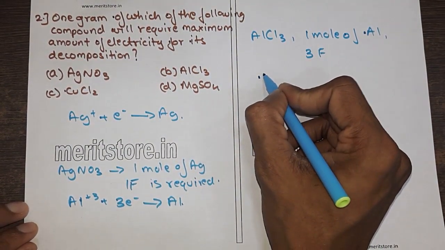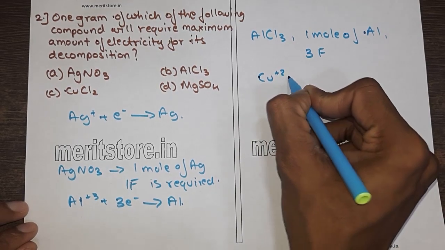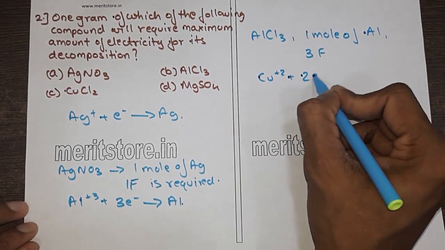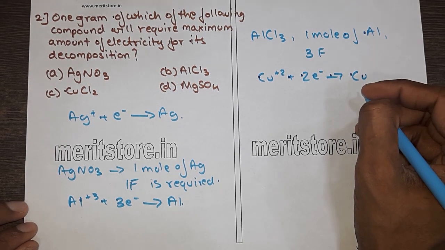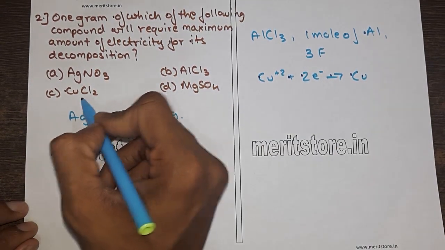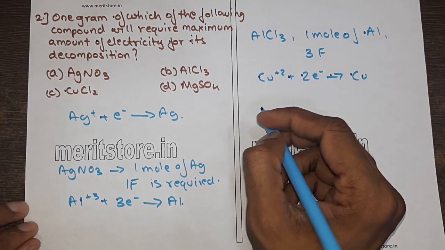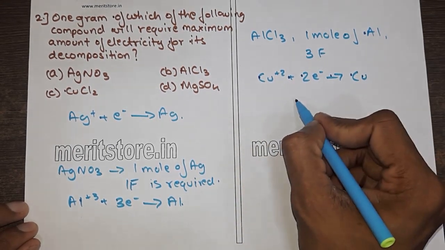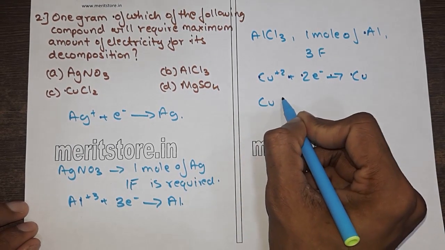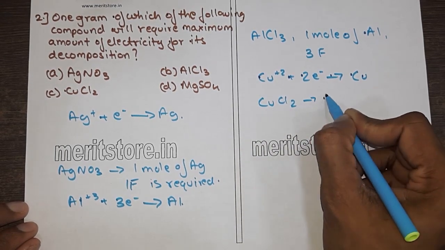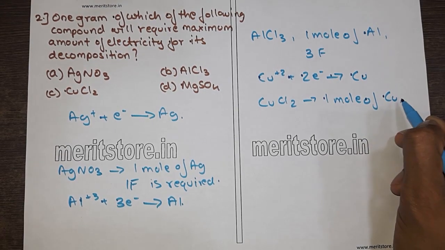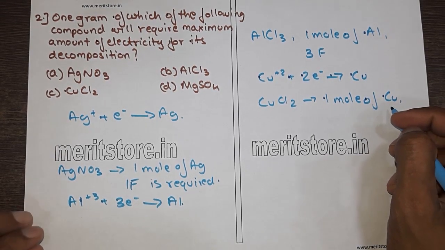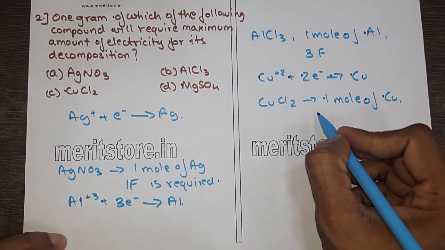Now for copper, we have Cu2+ plus 2e-. When we add this, we get copper. So in CuCl2, to deposit 1 mole of copper, 2 Faraday of electricity is required.